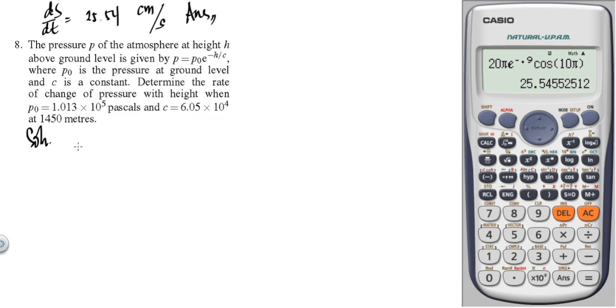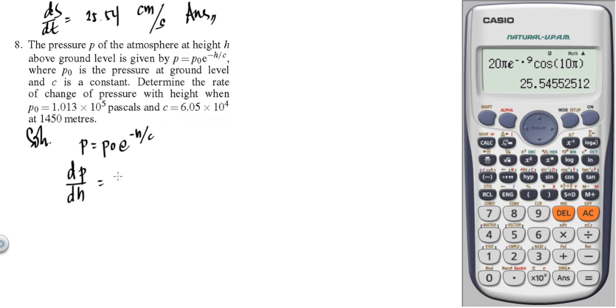Solution. What is the equation? P equals P sub O e raised to minus H over C. Okay, so what is the rate of change of pressure with respect to height? So dP over dH.